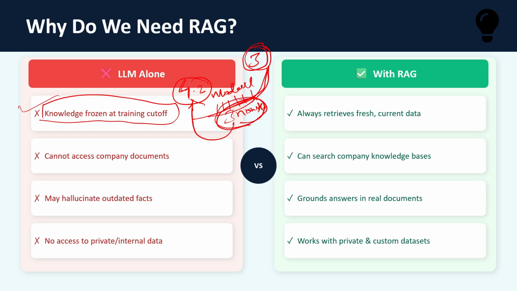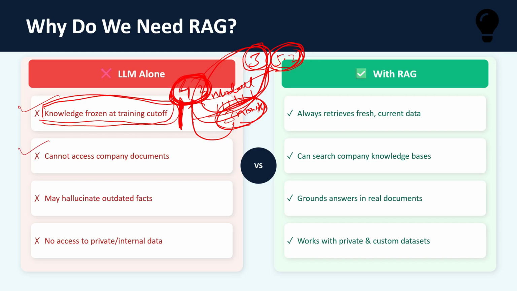After 3 months, you are again going to train your LLM with the latest data, and maybe the new model will be given version 5.2. So the data which was not in the 4.2 LLM will now be available in the 5.2. That means knowledge is frozen at the training cutoff: knowledge will be available only till the point at which the model was generated.